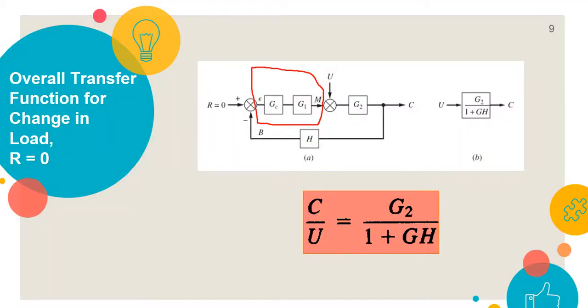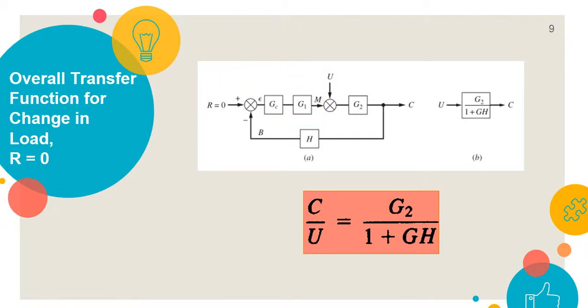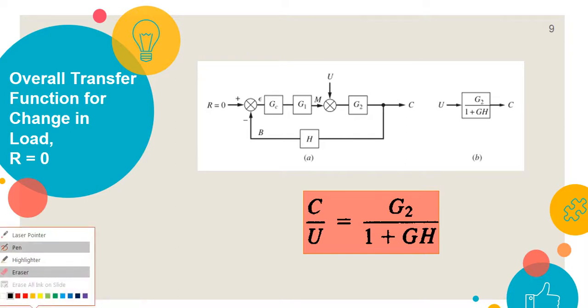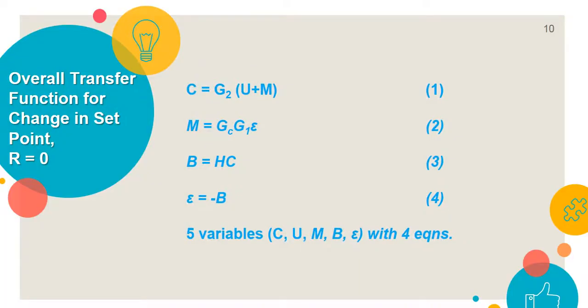The error is just negative B because, we'll erase this. What you'll be having should be this one, the comparator. So the error should be equal to R minus B. But since R is 0, the error is just equal to negative B. So that's the reason that you have this.